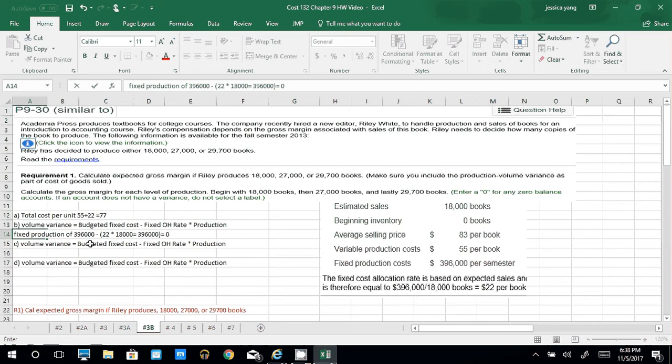under the 18,000 books. To find the volume variance for 27,000 books, we take the fixed production cost of $396,000 and subtract the $22 times the 27,000 books, which gives us $594,000.